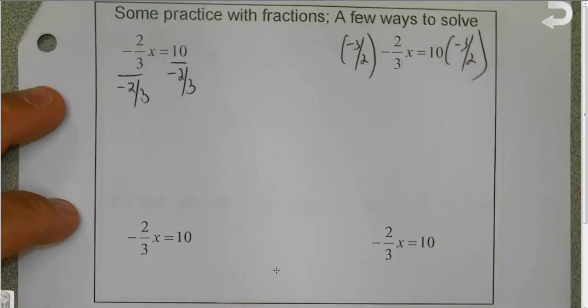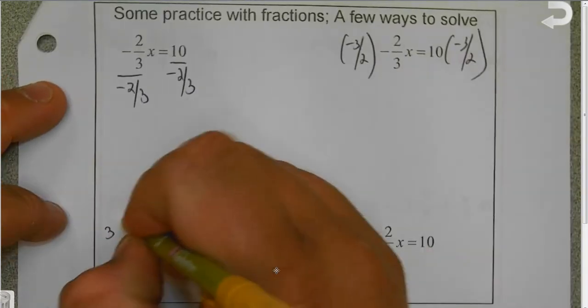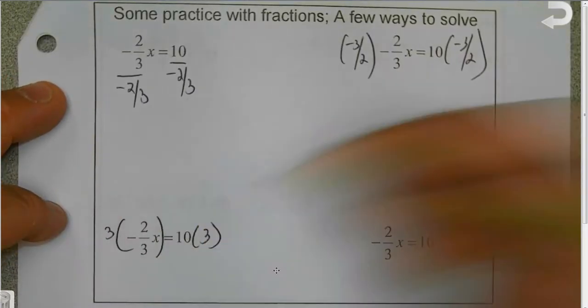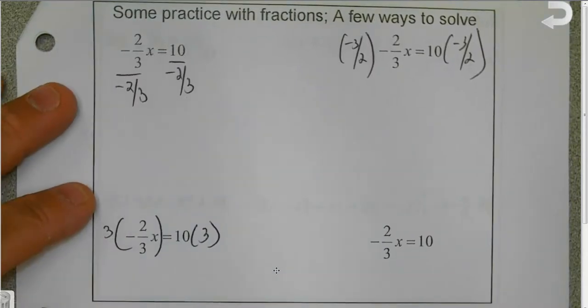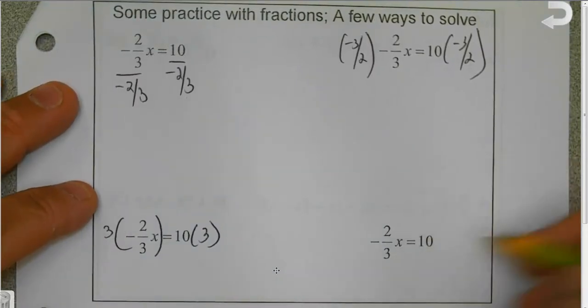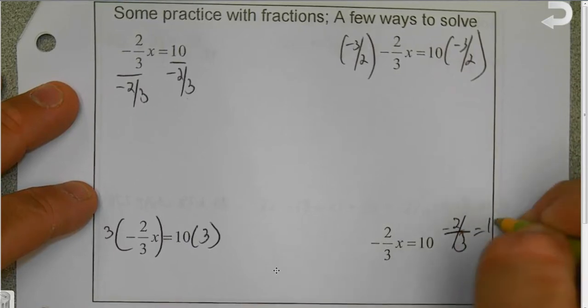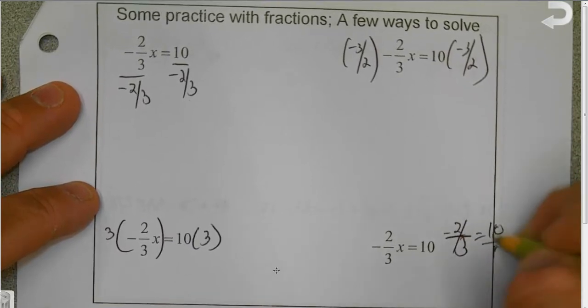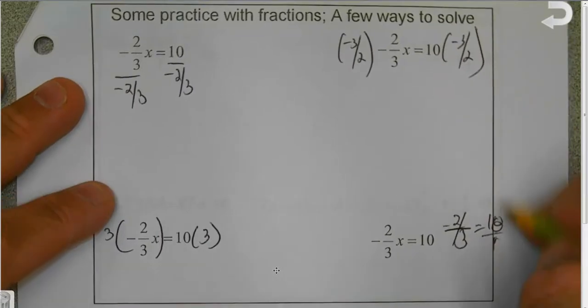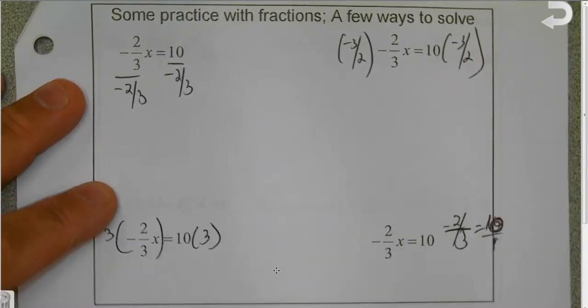You can multiply by the denominator. And you can also set up a proportion. So let's look at all four of these ways and see what answer we get when we finish.